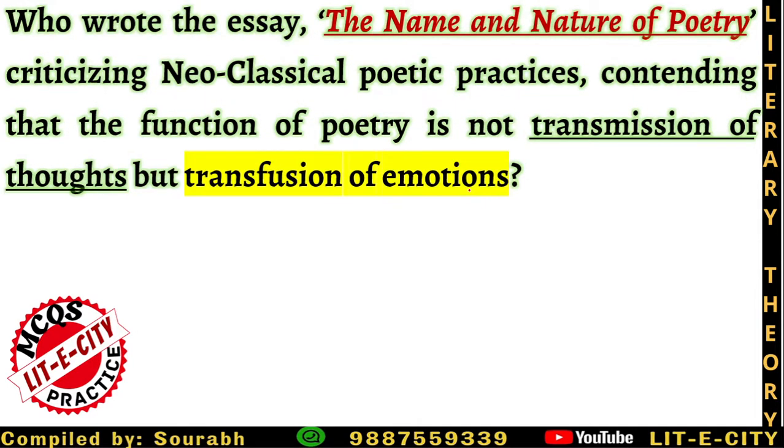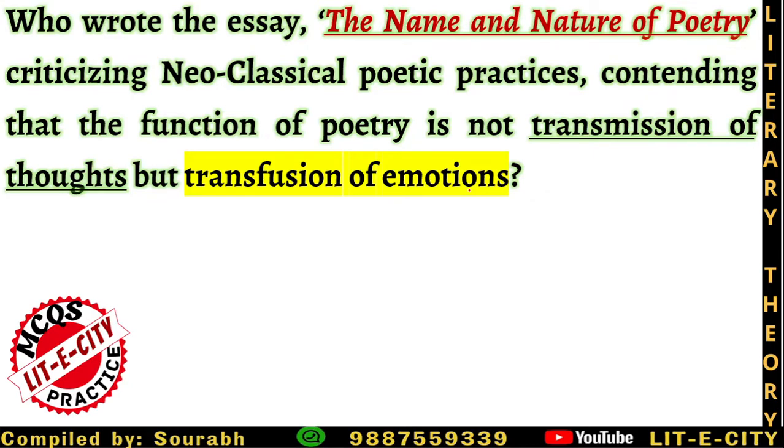Our next question, dear friends, is who wrote the essay The Name and Nature of Poetry, which criticizes neoclassical poetic practices, contending that the function of poetry is not transmission of thoughts but transfusion of emotions. We all know that there is a breach of theory between neoclassical and romantic writers.